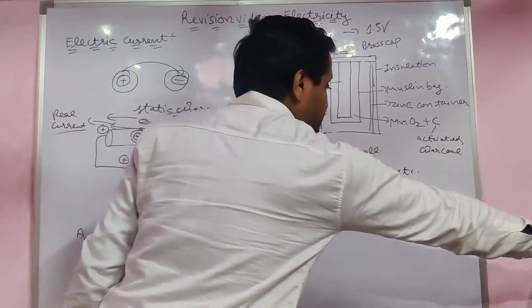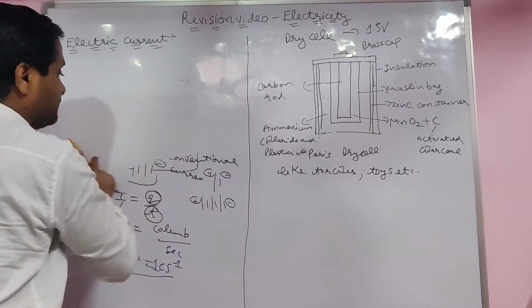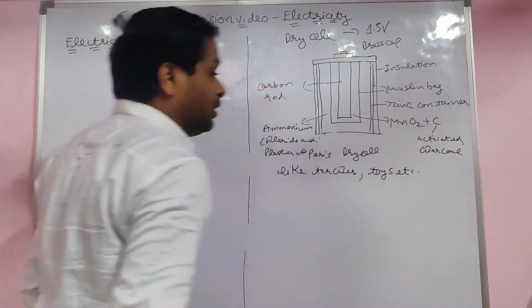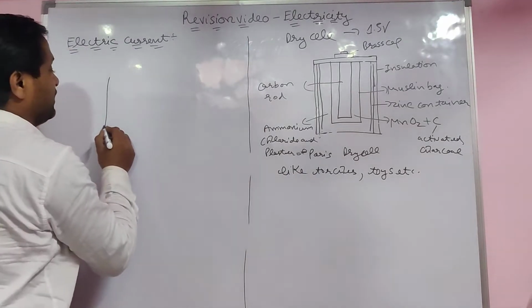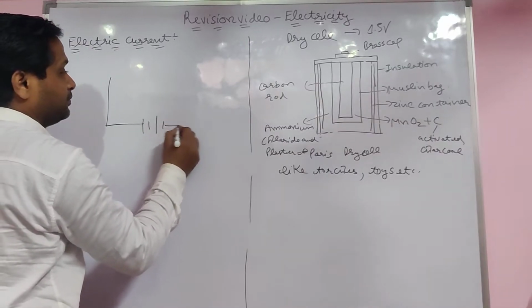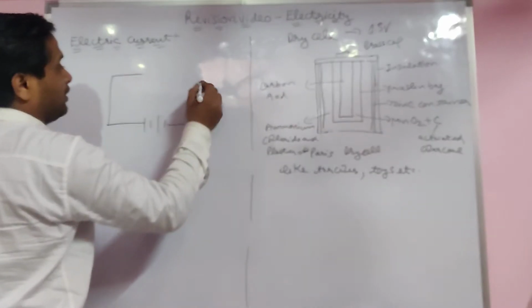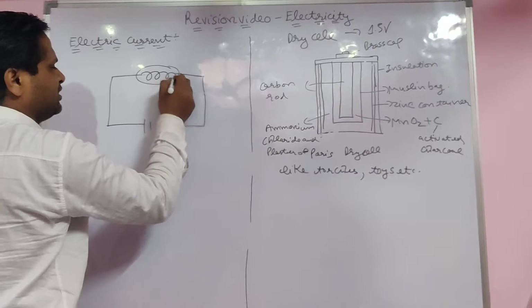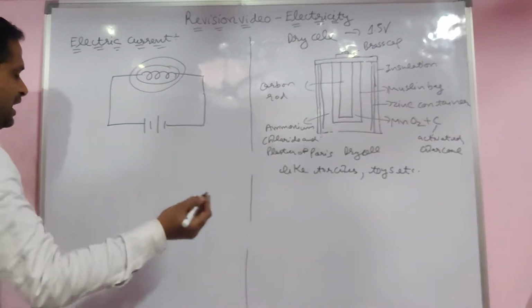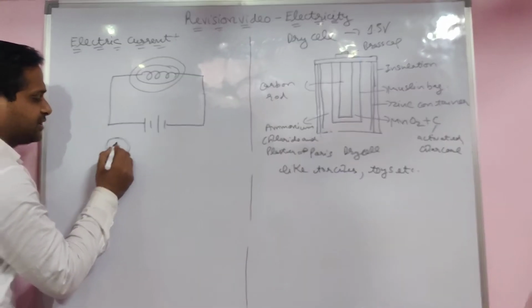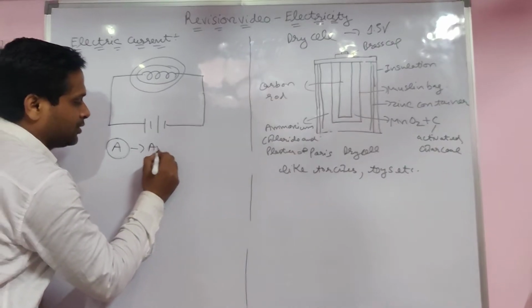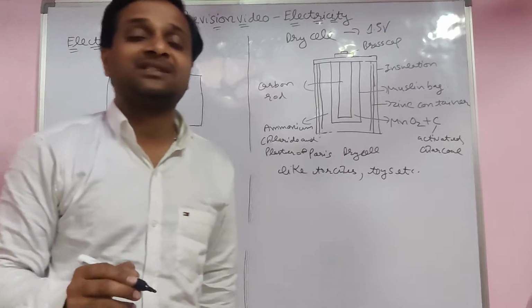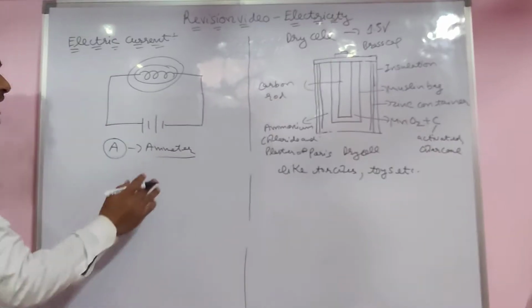Now our second topic. For example, this is a circuit. Here a bulb is there; this is the symbol of the bulb. This is the symbol of the ammeter, the instrument used to measure current.